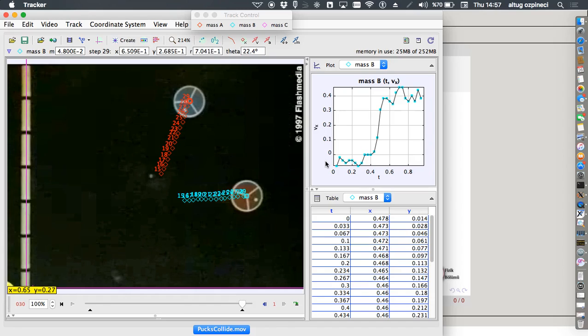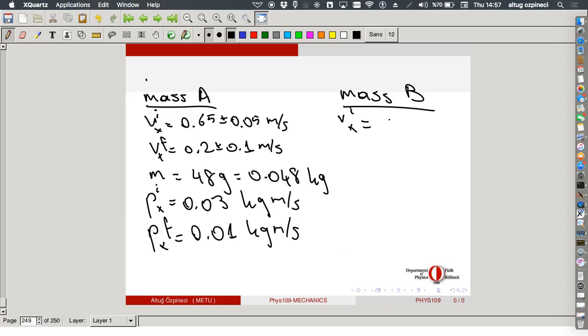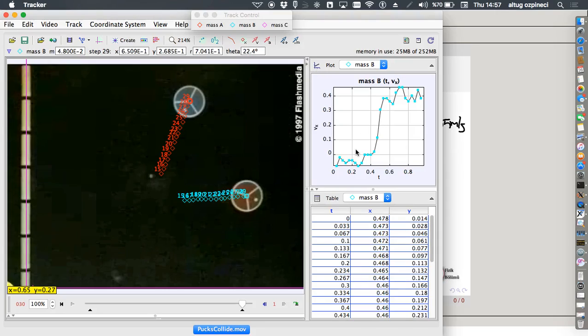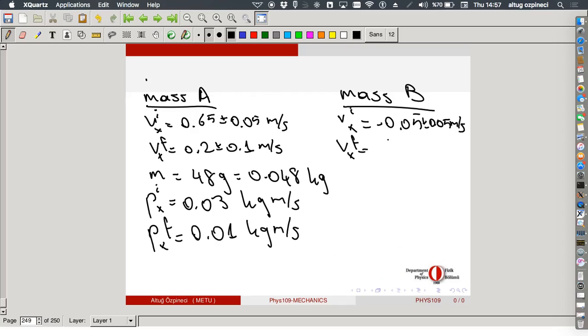Well, you see, 0 is this line. I would say it's definitely negative. So it's something like minus 0.05 plus minus 0.05. The final velocity, this is the final velocity after the collision. It is 0.4 plus minus 0.05, again meters per second.